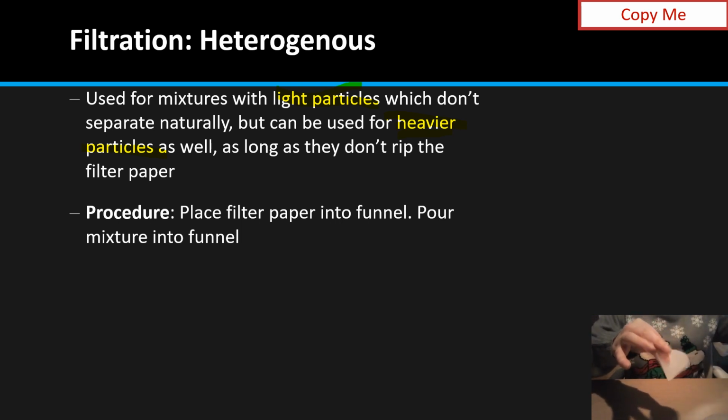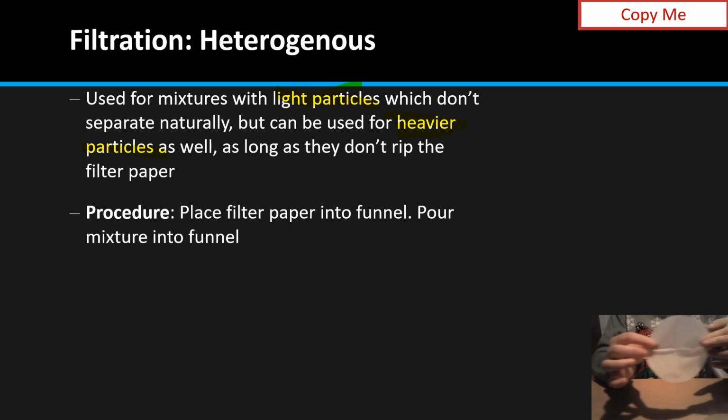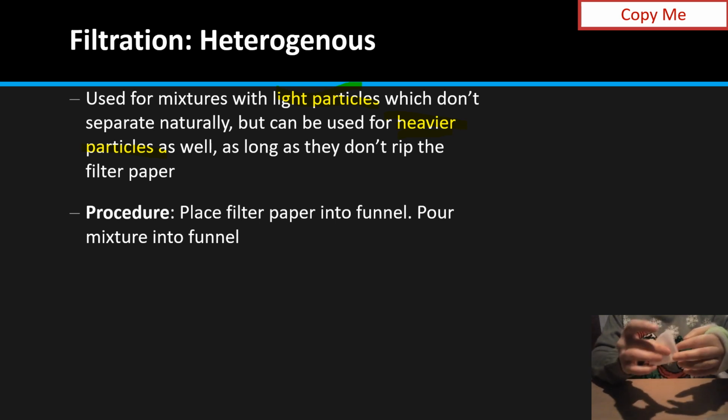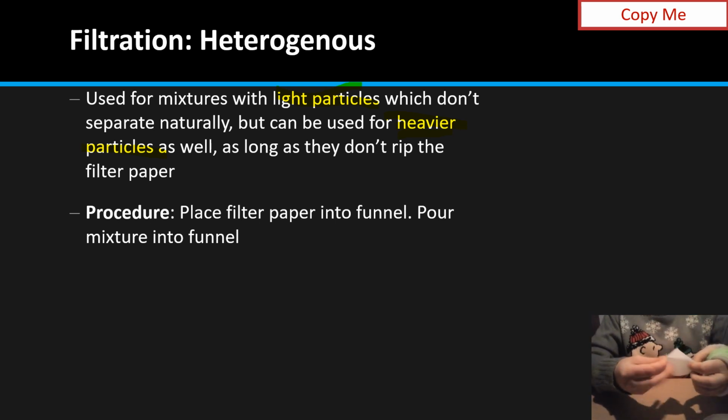How did I do this? Circle, fold in half once, fold in half again, and then pick three of the layers. There you go. Hopefully none of you will have broken your elbow before your lab exam, and you will be able to do this without much difficulty.